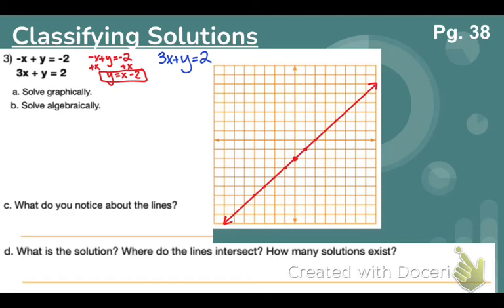Now we want to get the second one into that form too. Subtract 3x. Thank you. Yes, we're going to subtract 3x from both sides.